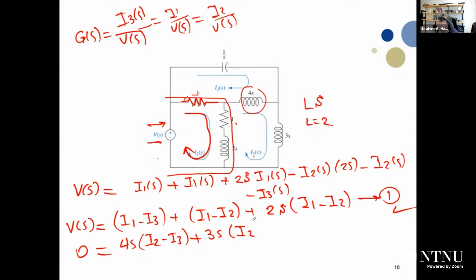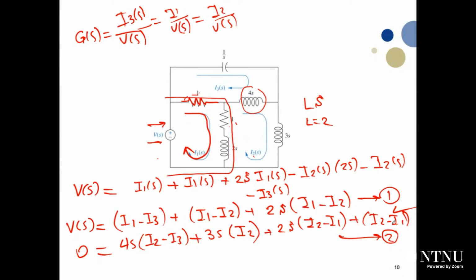Only I2, we don't have anything else here. Very good. Plus 2S multiplied by I2 minus I1. Very good. So it becomes multiplied by 1. Now this is equation number 2. We don't need these brackets. So this is equation number 2.